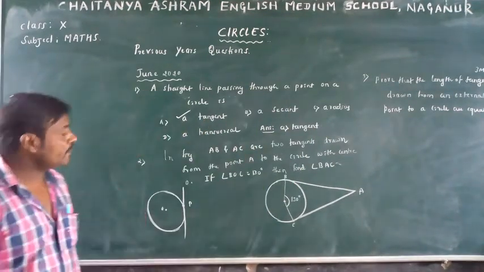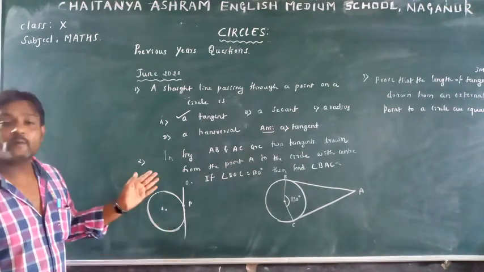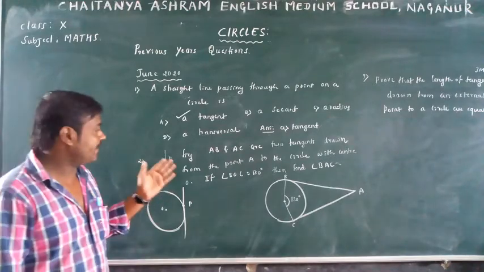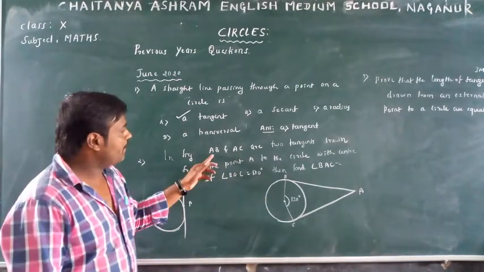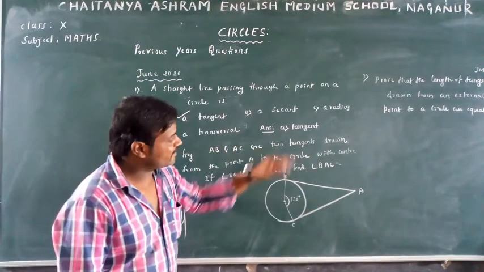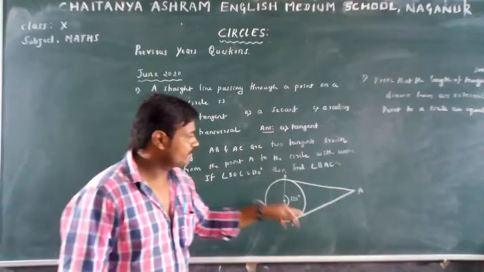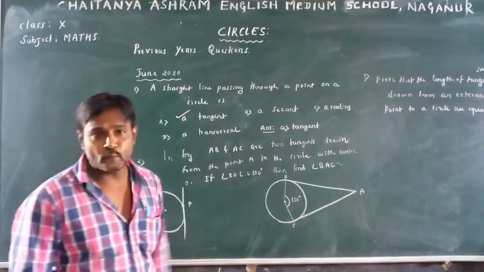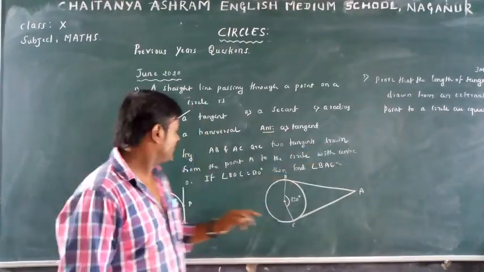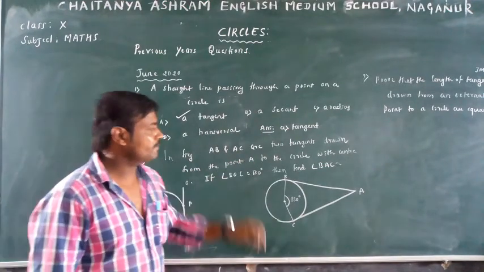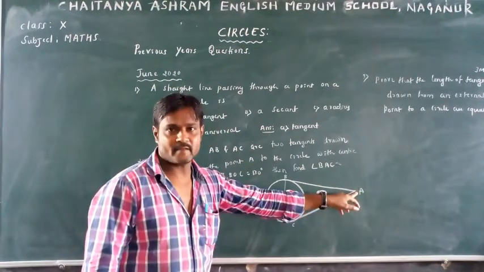Next, one more question they asked. In the figure, see this figure carefully. AB and AC are 2 tangents. These 2 tangents are drawn from the point A. Yes, A is an external point.